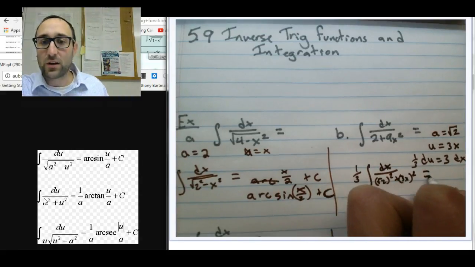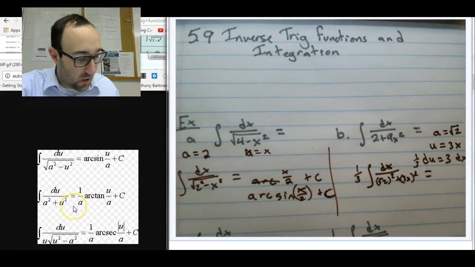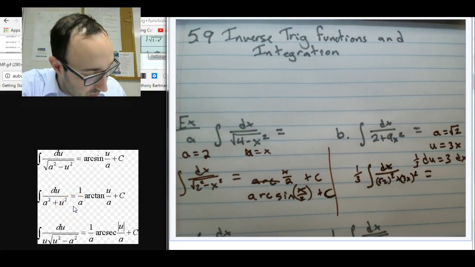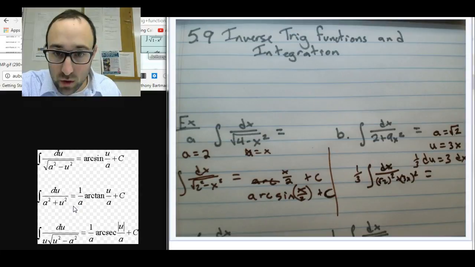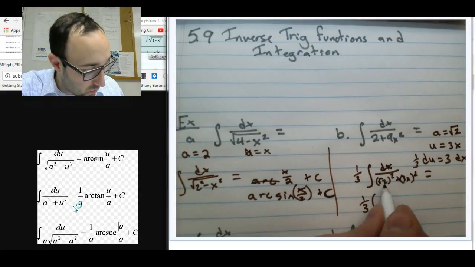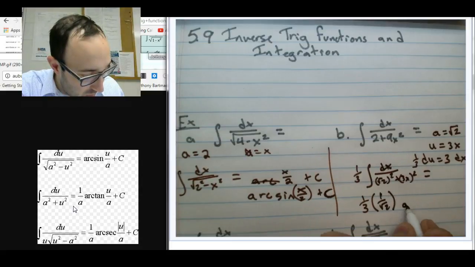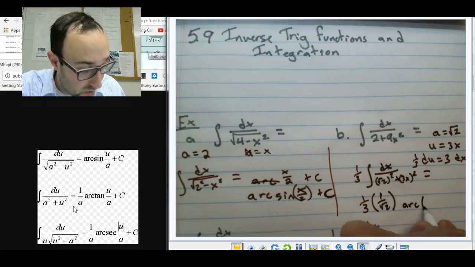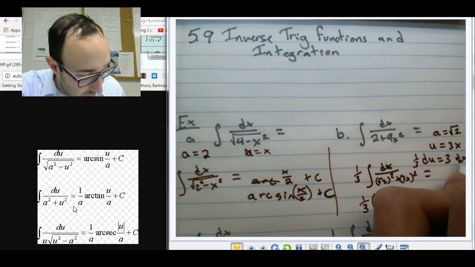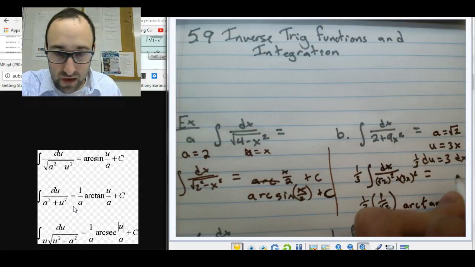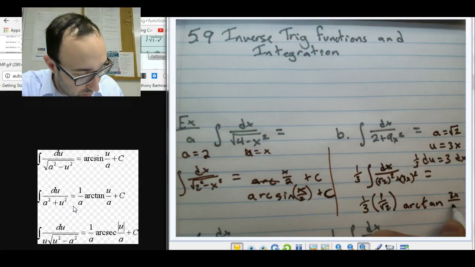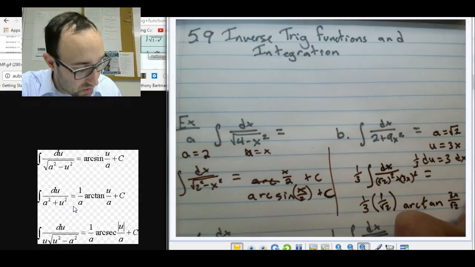Now we can use this formula right here. We have the 1/3 times 1 over a, where a is the square root of 2, so it's 1 over the square root of 2. And then we have arctan of u, which is our 3x, over a, which is the square root of 2. And that is going to be plus c.